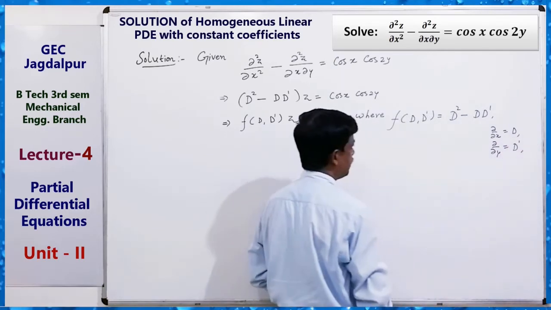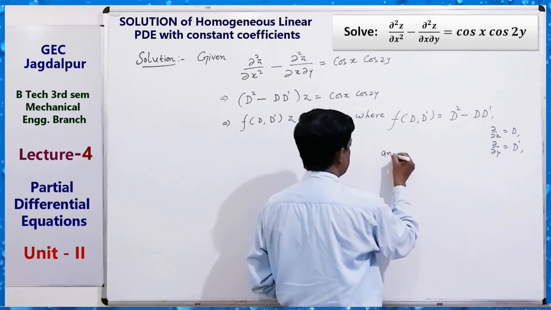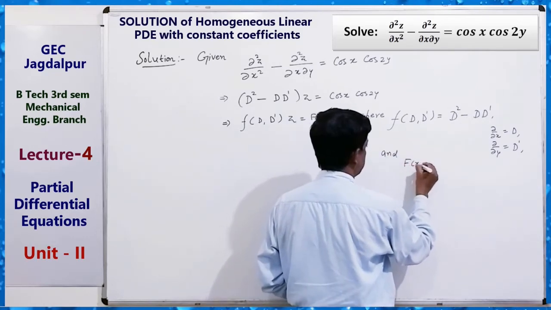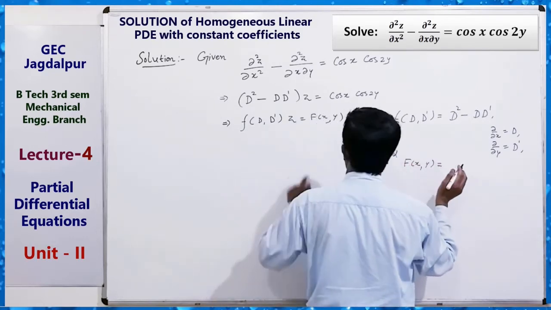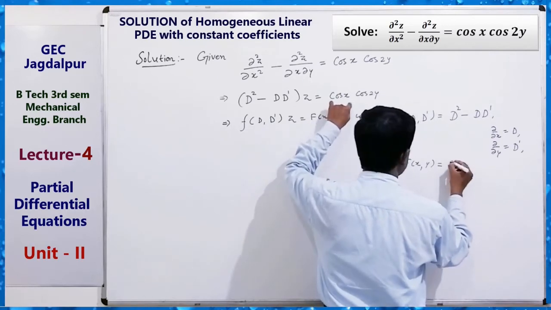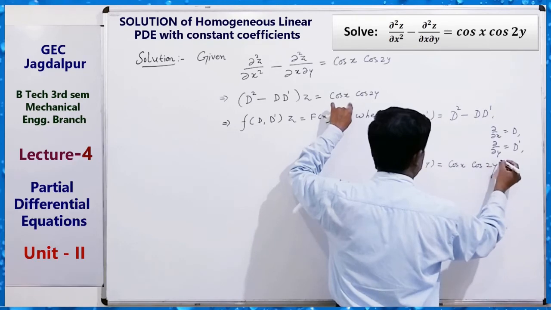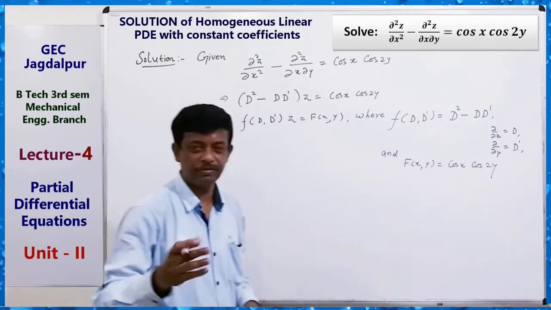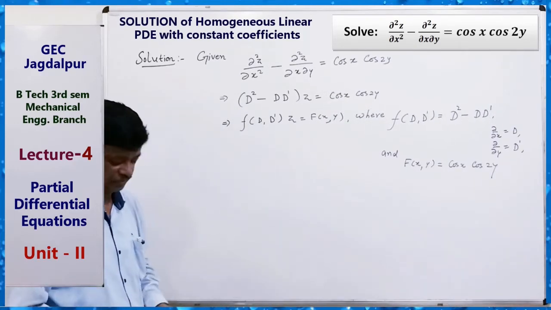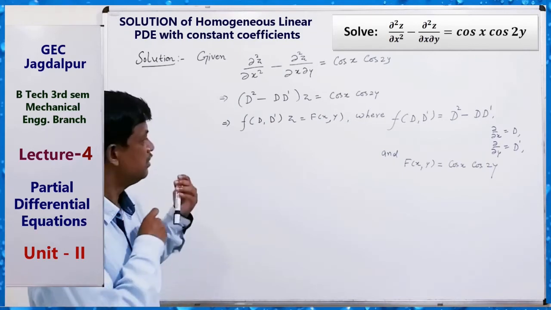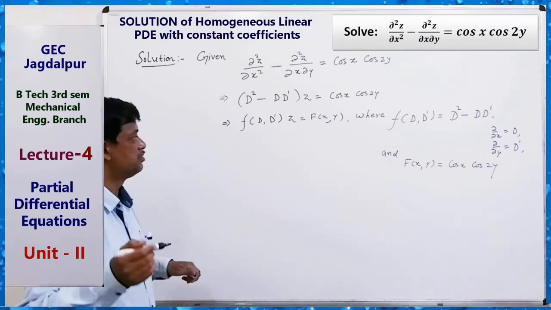Okay. And f of x, y equals cos x cos 2y. You have to write it first in standard form. Okay. Then we will solve this.